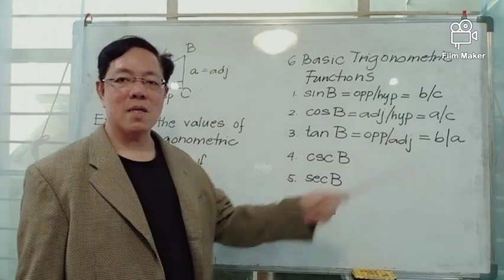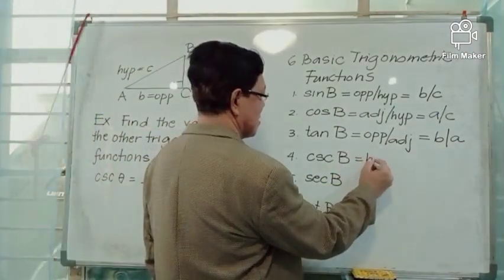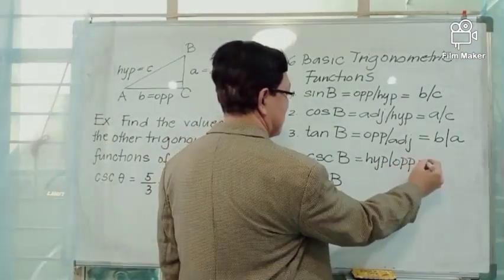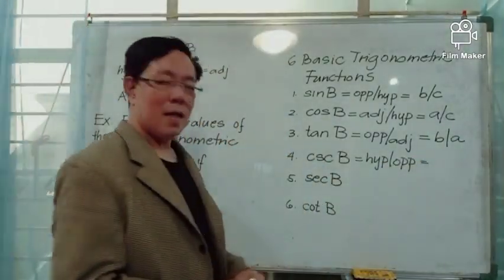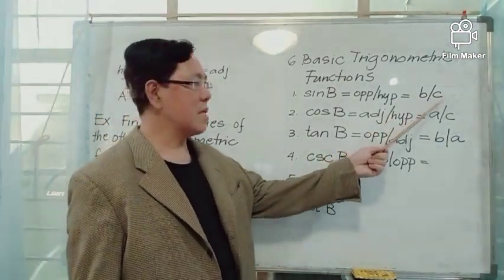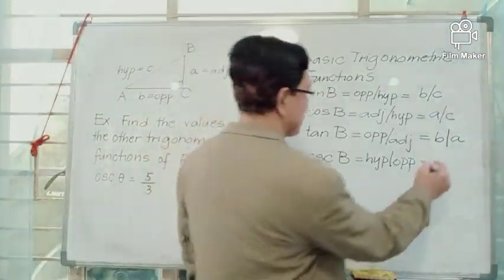And the reciprocal is hypotenuse over opposite. And you can get this value by taking the reciprocal of b over c, which is c over b.